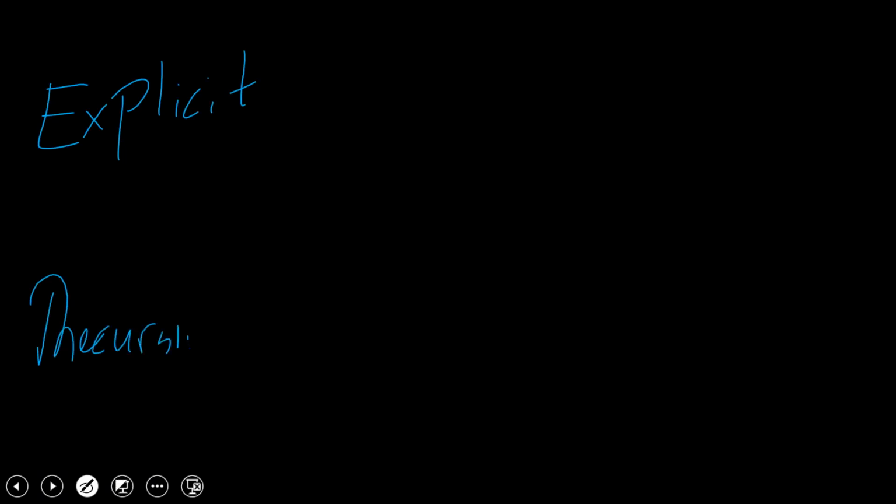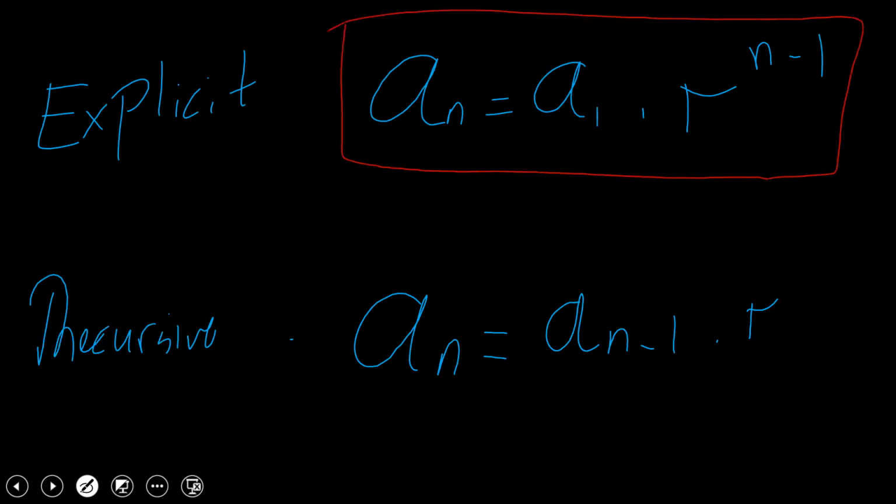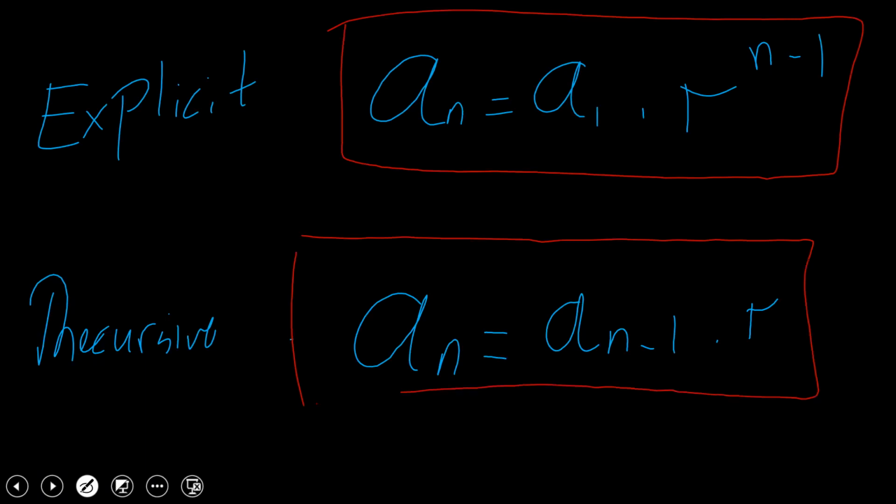Let's rewrite them now, the explicit and the recursive. The explicit is a sub n is a sub 1 times r to the power n minus 1. And the recursive is a sub n is a sub n minus 1 times r. This will be the explicit and the recursive formulas.